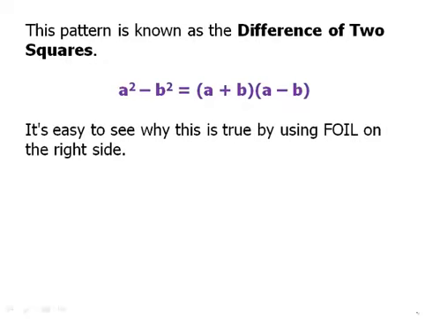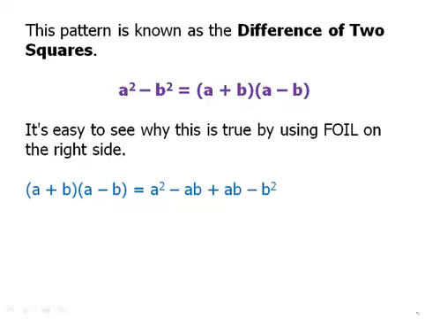It's easy to see why this is true by using FOIL on the right side. So if we start with a plus b times a minus b, and then FOIL out, well, the product of the first terms is a squared, the product of the outer is a times negative b, that would be negative ab, the product of the inner, a times b, would be ab, and the product of the last, b times negative b, would be negative b squared.